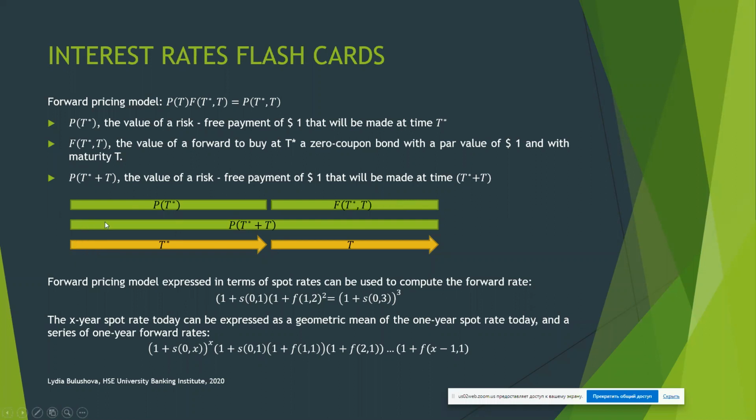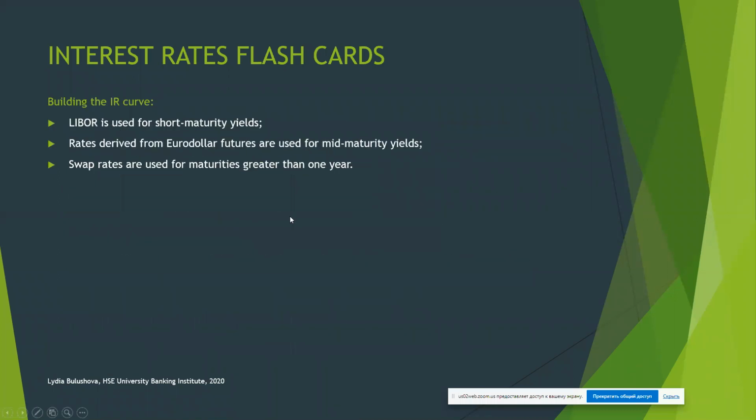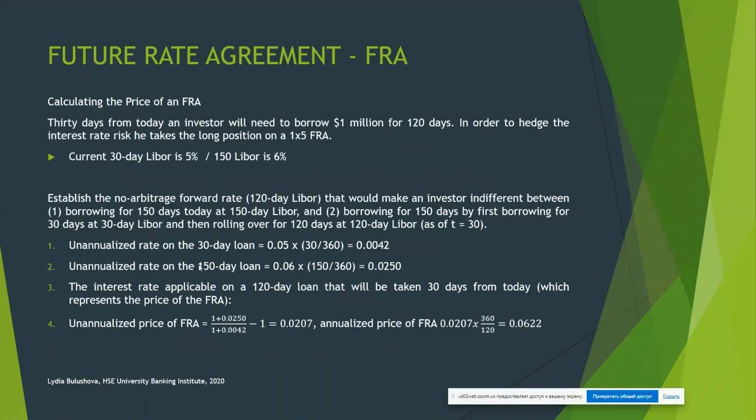This is what I have for 5 months. This is what I have for 1 month and 4 months. If I multiply 1 month by 4 months, I will get the same rate as for 5 months. And that's why we have this thing.